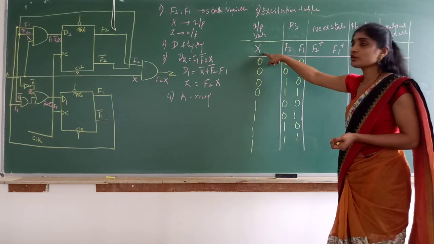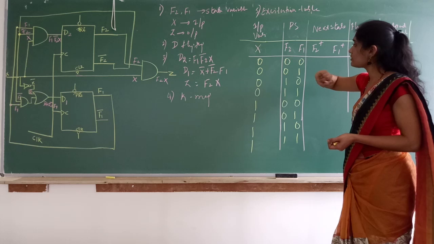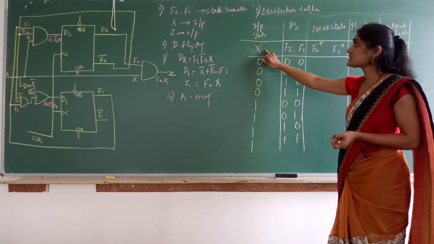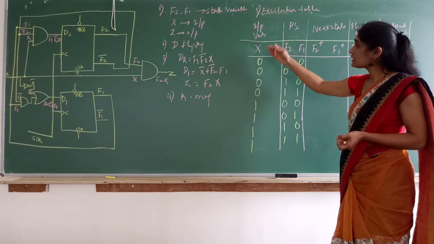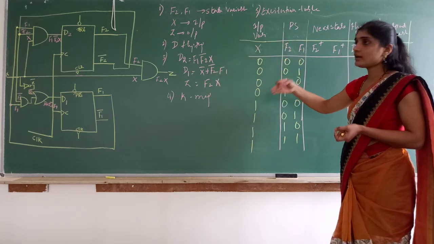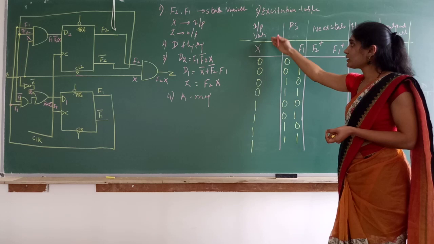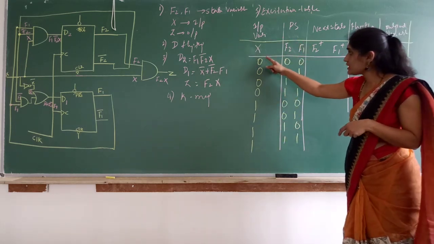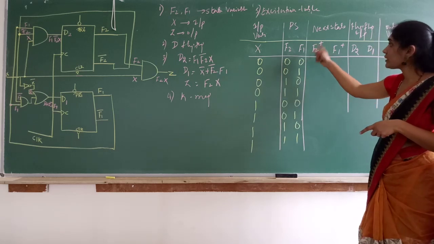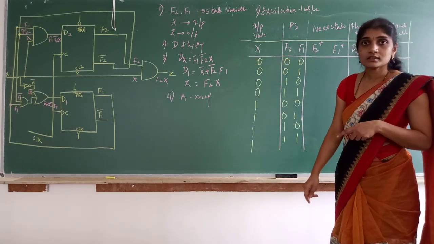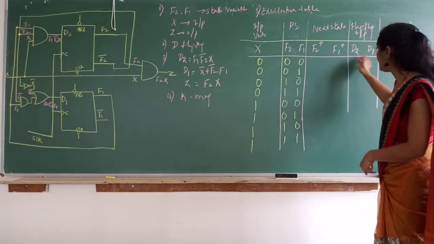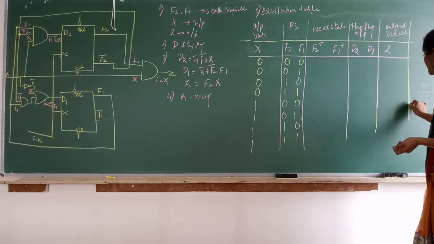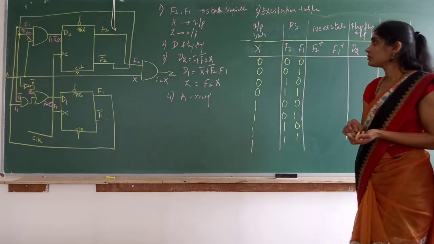You can even write F2, F1 first and then the input variable. That will also be simple. For the last problem we had written present state first and then the input variable. In this problem I will show you how you can analyze the circuit when you write the input variable first and then the present state. So the input variables are X, F2, F1. Next state we have to fill by looking at the circuit. And the flip-flop inputs we can fill only after writing the next state, right?